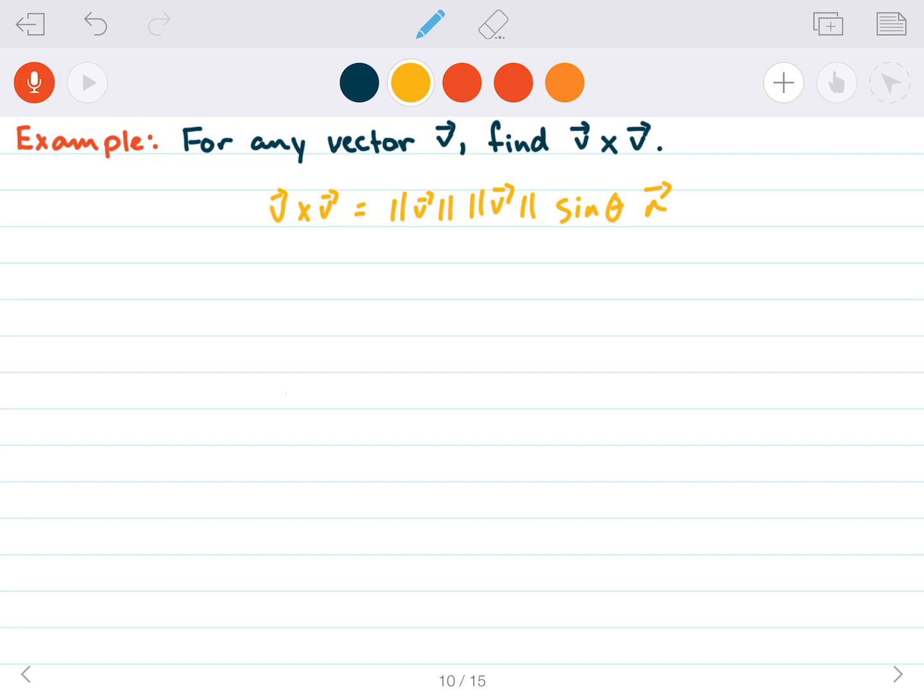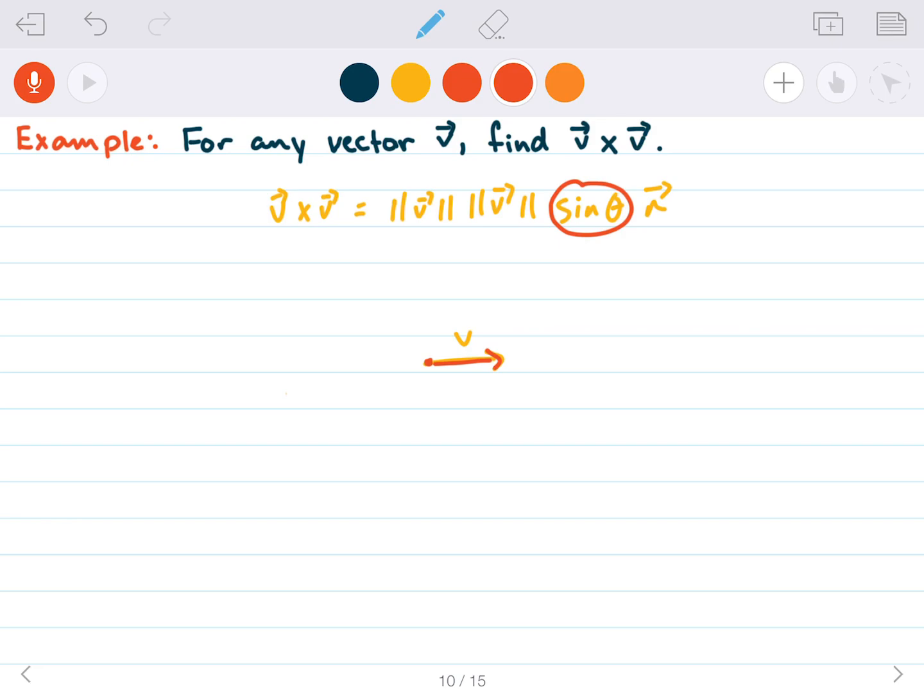So the key observation here is that we know what the angle between a single vector is. It's 0, right? Because if we have a vector v and then we have another vector v, the same exact vector, it's going to be laying on top of itself, or it can be shifted to make it lay on top of itself, right?